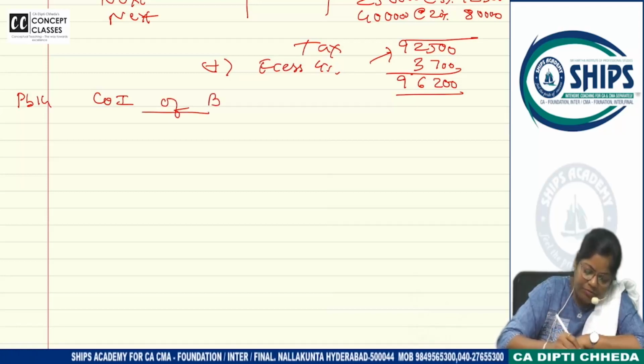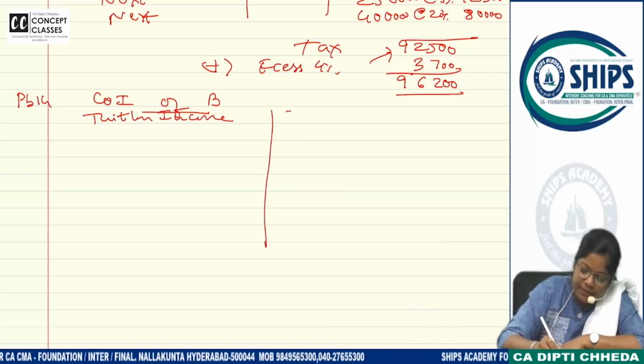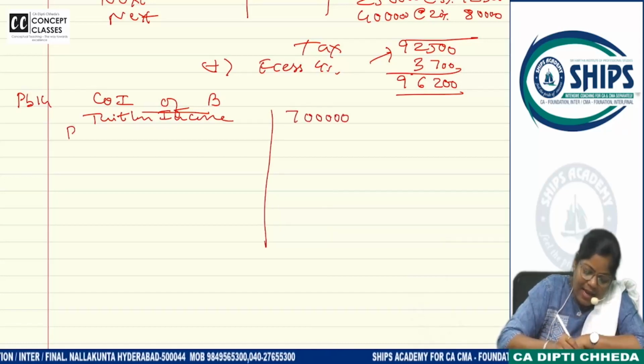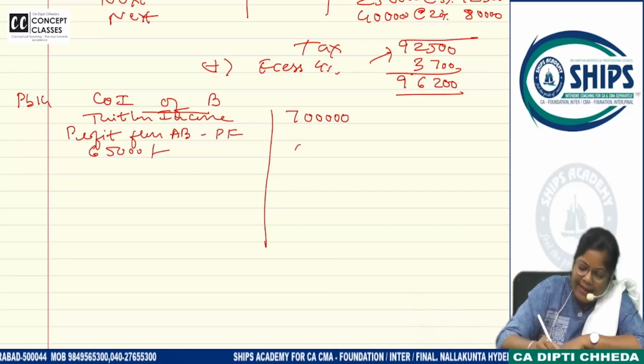Computation of income of B. Tuition income, how much? 7 lakhs. And profit from AB partnership firm 65,000, exempt in outer column.